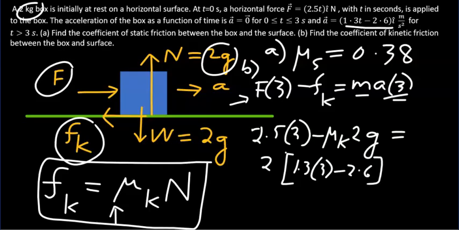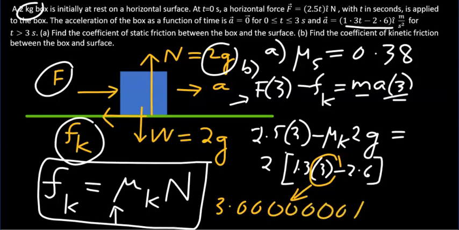If you feel uneasy about placing t equals 3 here, you can place any number that is very close to 3, for example 3.000000001, because technically the motion starts after t equals 3 seconds.